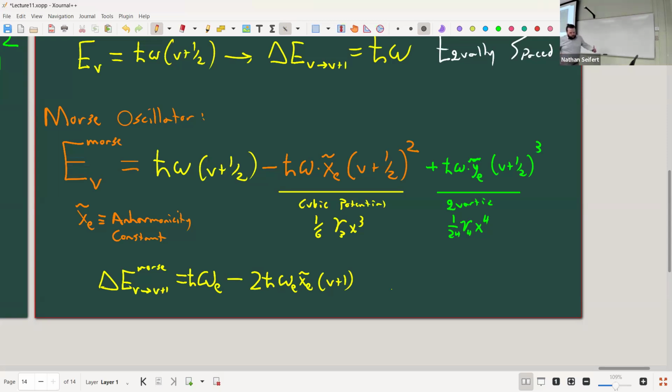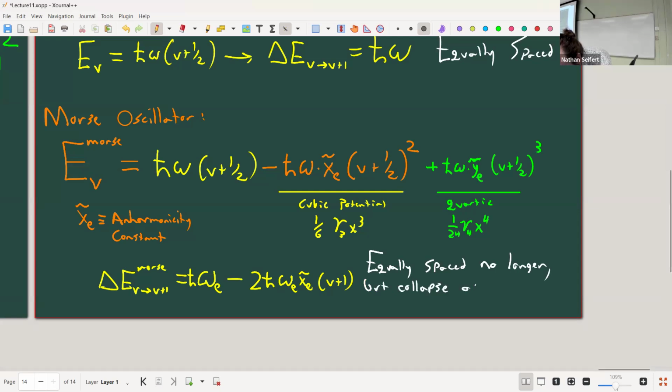All right, so what we get now is that the energy levels are no longer equally spaced, but collapse as V increases. So this is the big determination.